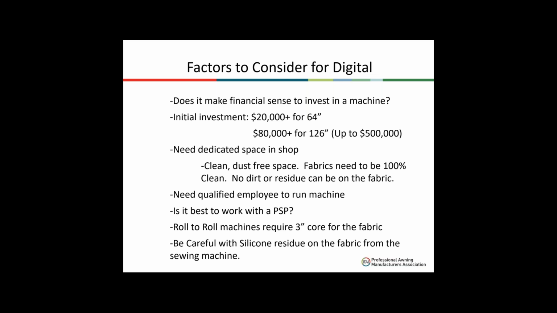And the ones that are not so clean are not really set up to have a digital printer in there. You really need a room that is separate, where you're not going to have dust and debris flying all over the place, because once that gets onto the print or into the air, it could really ruin the image badly. You can clog print heads and that type of thing. And you don't want residue on the fabric, okay?